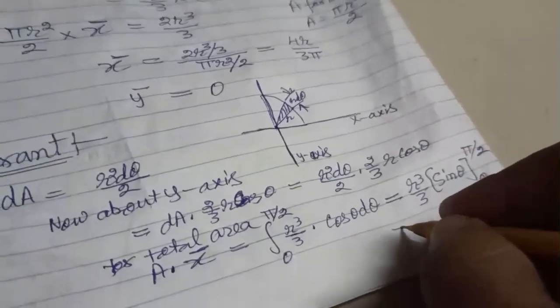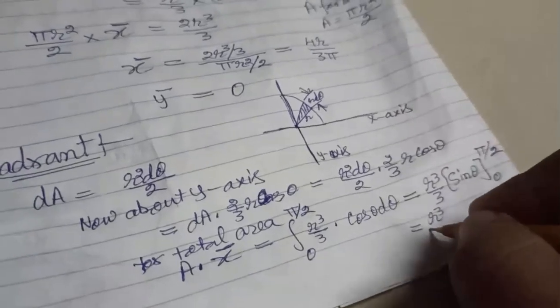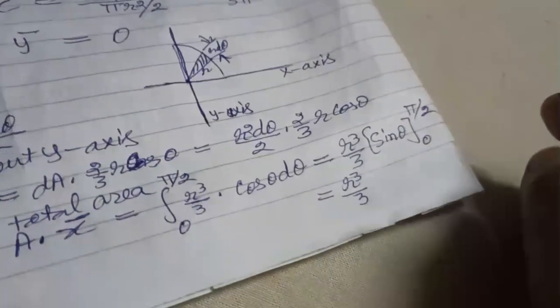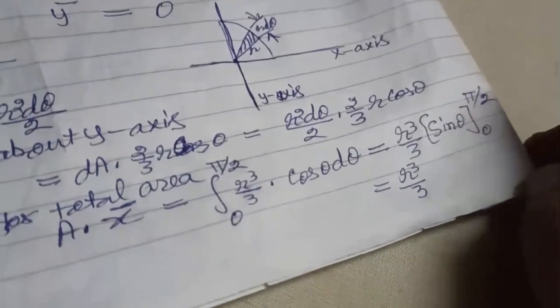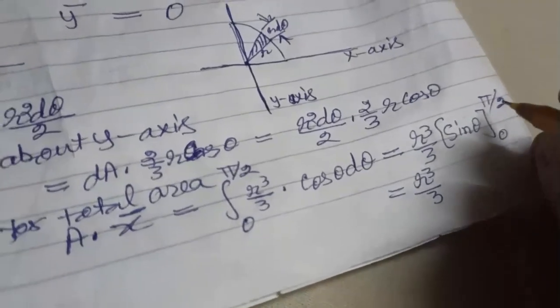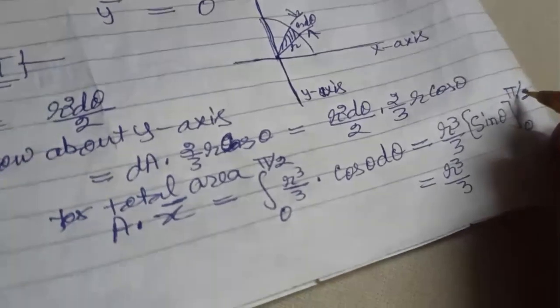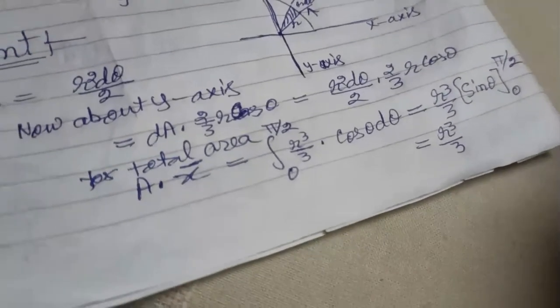Or this is equal to r cube by 3 into sin pi by 2 minus sin 0.